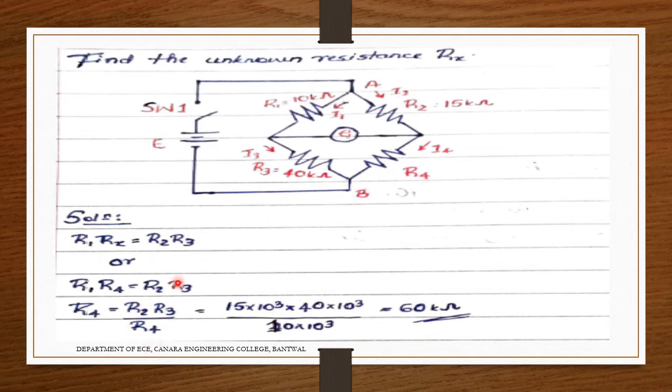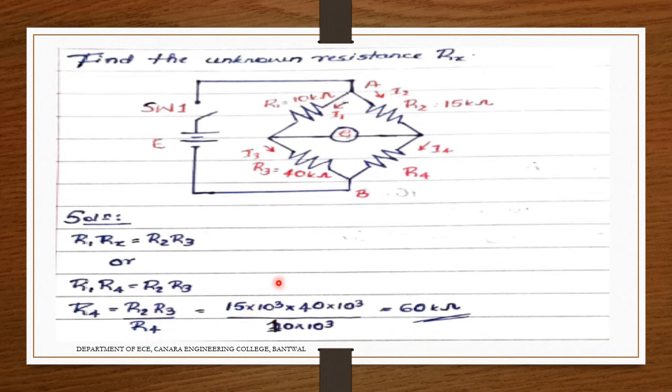On the basis of this we get R1 into R4 equals R2 into R3, so R4 is equal to R2 into R3 divided by R1.